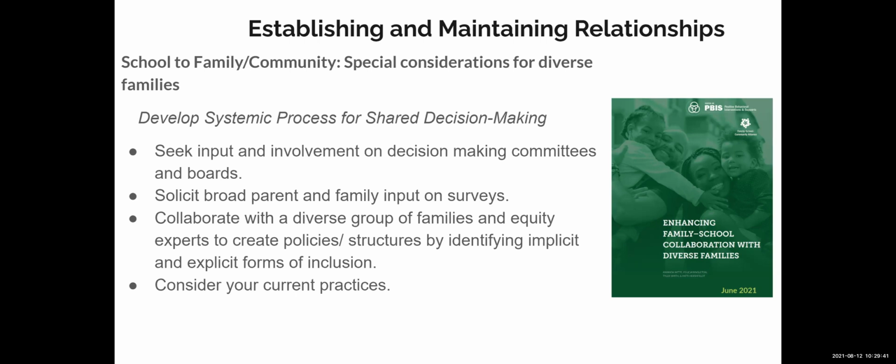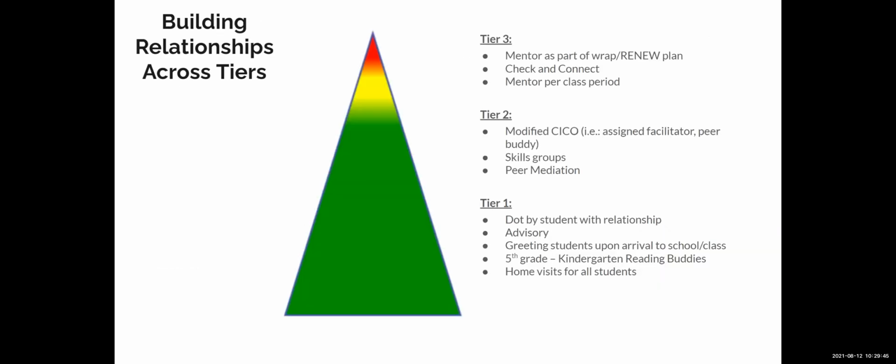So in this example, some of the universal strategies, we had home visits for all students could be a universal strategy. And I did see that on the Padlet. Having advisory, which is another strategy you guys already wrote about on the Padlet, but also utilizing greetings for students upon arrival. Someone had reading buddies across the building.